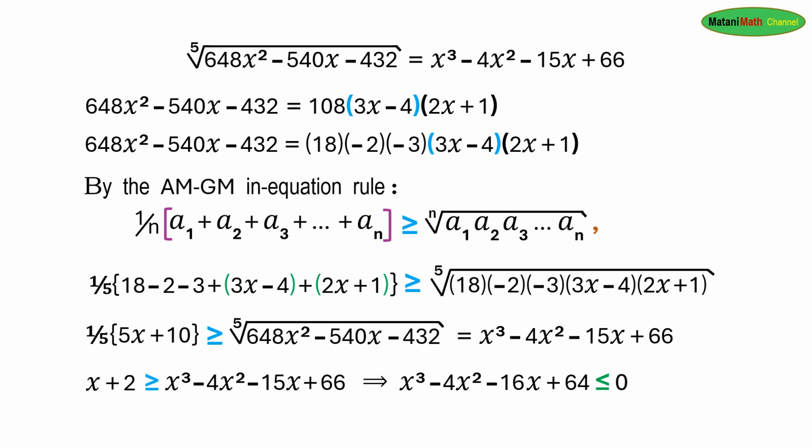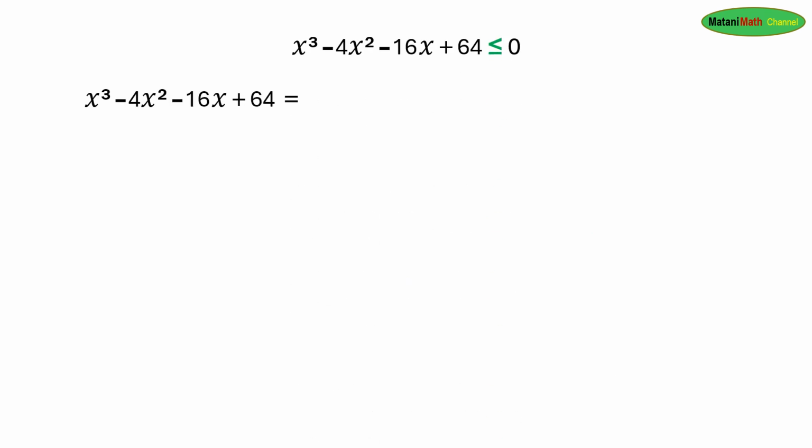Then x cubed minus 4x squared minus 16x plus 64 less than or equal to 0. x cubed minus 4x squared minus 16x plus 64 equal to, the first two terms have x squared as a common factor.